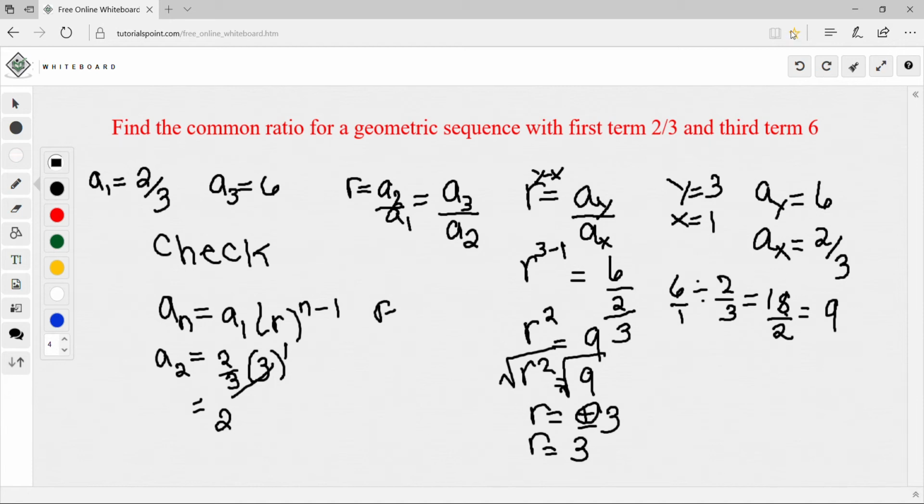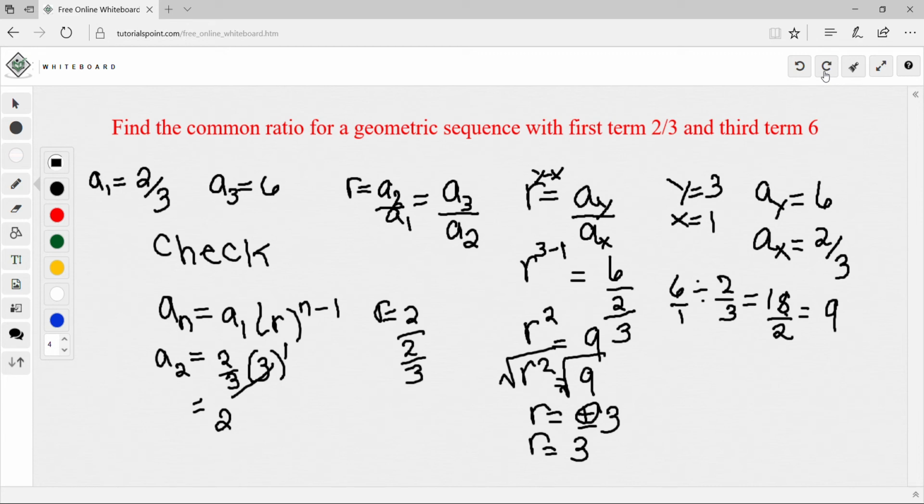Now I'm just going to plug it back into this equation. The reason why I don't have to find a3 is because we don't have to do this part, a3 over a2, because it already says it's a geometric sequence, so we can just ignore this part. So the ratio is the second term, which is 2, divided by the first term, which is 2/3.